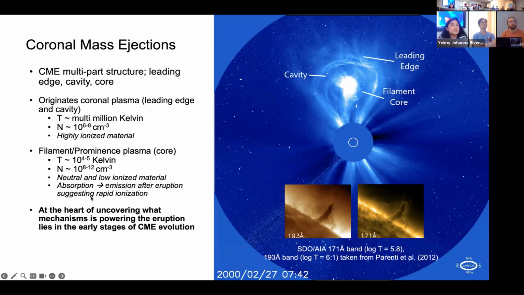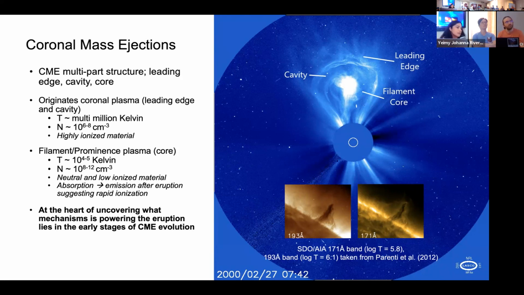One of the things that you see very quickly as the coronal mass ejection starts to erupt and lift off of the sun, one of the ways you can see that there's very rapid heating happening immediately after liftoff, is that the prominence itself goes from this absorption feature into an emission feature. I don't have a movie of that. There's actually one that I presented during my thesis, which is really cool, but I couldn't find it. You can see the transition of this dark blob into emission in the EUV, meaning that there's very rapid ionization taking place.